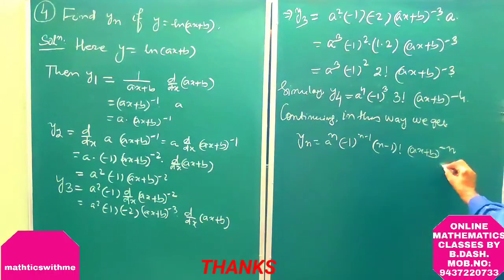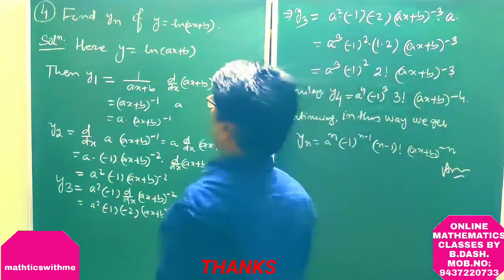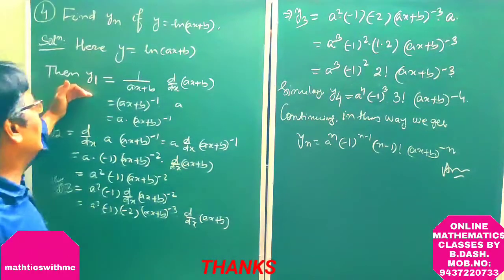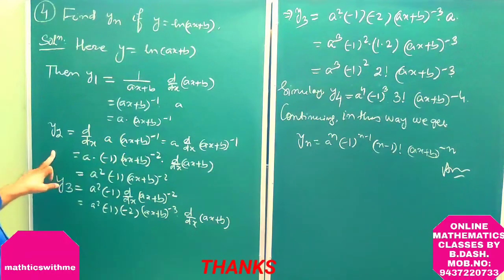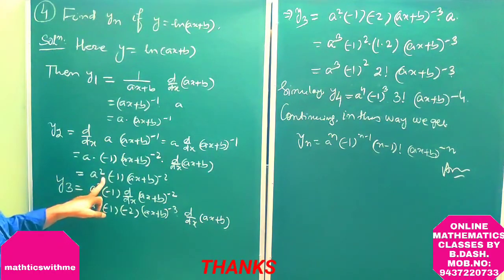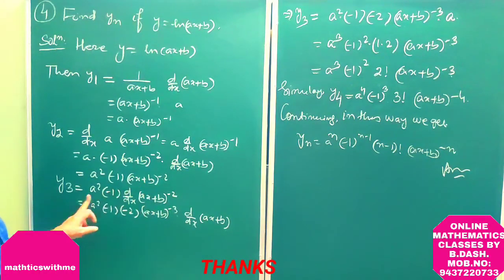So here y is equal to ln of (ax + b), and we are getting y1 is a (ax + b)^(-1), y2 is equal to a squared (-1)(ax + b)^(-2).